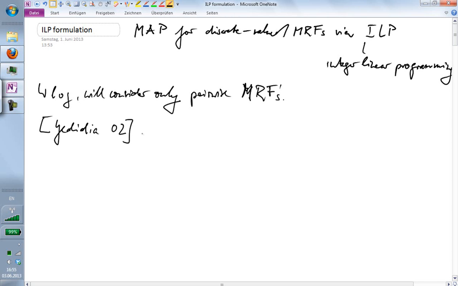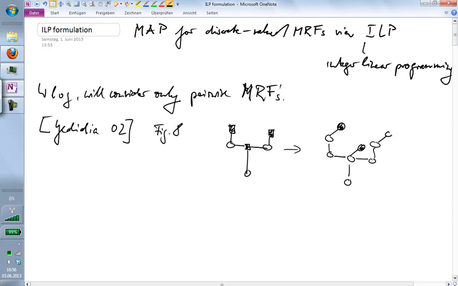If you look this paper up, there is a figure 8 that I will reproduce here, which shows a ternary factor and a couple of unary factors, and explains how you can turn this into a pairwise MRF by replacing each factor with a new random variable, and then you need a couple of observed nodes in addition.